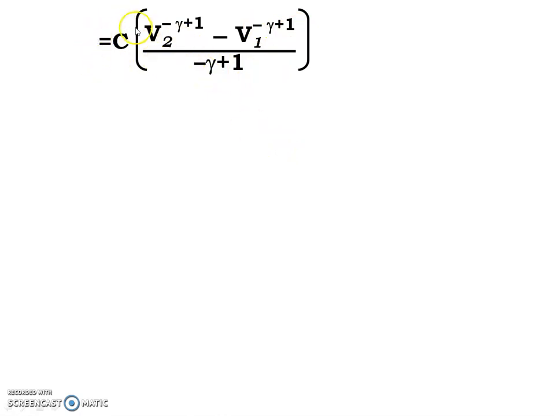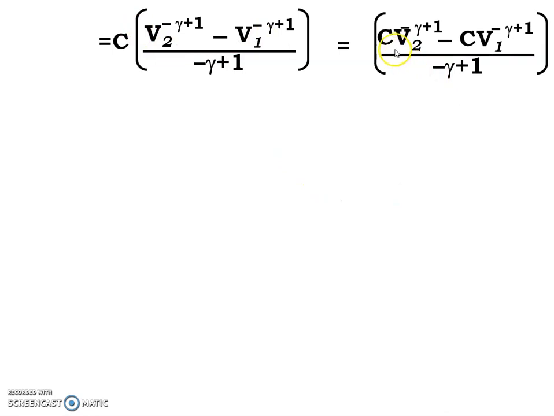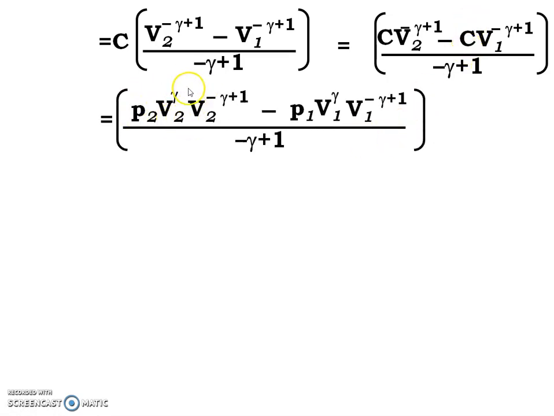We can take the C inside the bracket. So it is C V2 raised to minus gamma plus 1 minus C into V1 raised to minus gamma plus 1. So instead of C, we can put P2 V2 raised to gamma in the first term, and P1 V1 raised to gamma in the second term. So it is P2 V2 raised to gamma multiplied by V2 raised to minus gamma plus 1, minus P1 V1 raised to gamma into V1 raised to minus gamma plus 1.